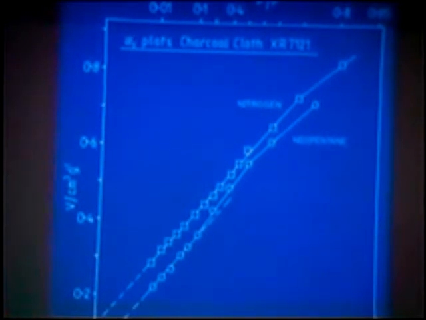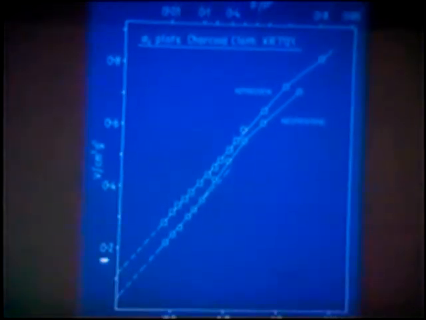Because when we extrapolate these back, again, conventional procedure, we see there is a clear difference in this region, which would indicate that the effective micropore volume for nitrogen adsorption is considerably larger, small, but considerably larger than the effective micropore volume for neopentane.